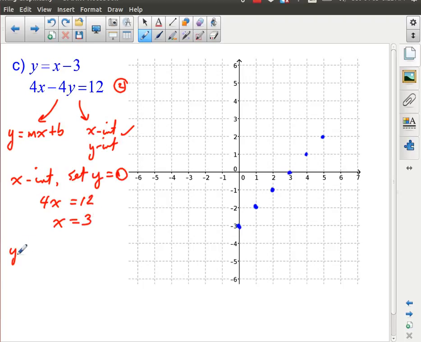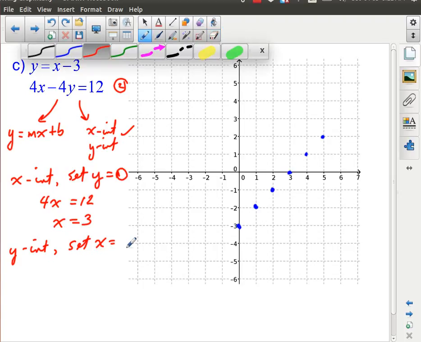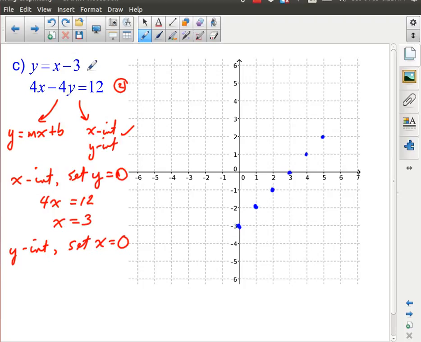For my y-intercept, I'm going to set x equal to 0. That means this 4x becomes 0, and I just end up with -4y equals 12. Divide both sides by -4, and I end up with y equals -3.